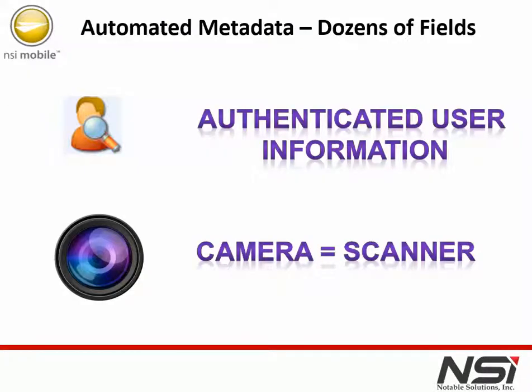We make it easy, and we know a lot of information already. We know the authenticated user, so we can map that into the form. The user's camera now becomes their personal scanner, so they could take pictures of identification, patient health information, or maybe other documentation.